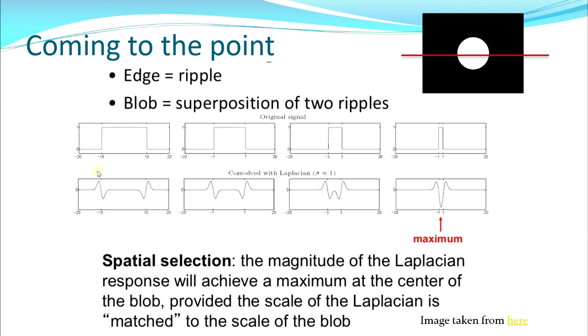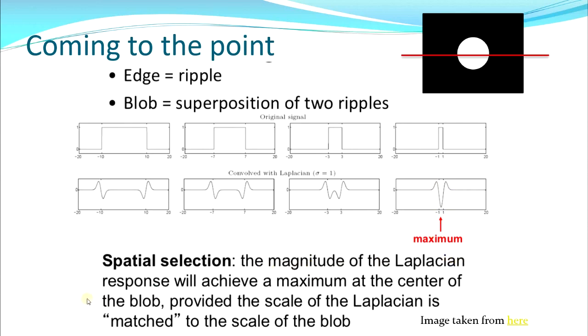So this is the output, but when you put the Laplacian operator on this particular thing, if the size matches the blob, then you get a maximum output, a maxima like this. But when they are not matched, you get something else. So this is a very important thing for blob detection.